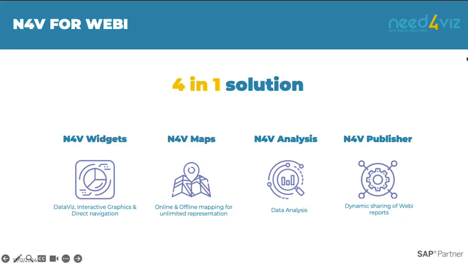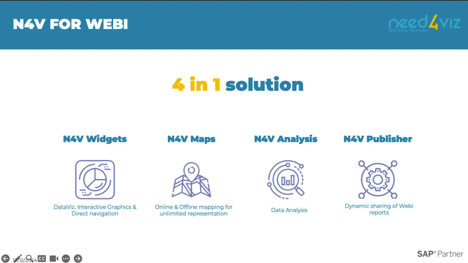So for those of you who are familiar with our solution, you've probably seen this before and know this information. But for those of you who are net new to who we are, these are our 4 pillars or the 4 modules of our solution. So we have the N4V widget. This is the integration of new data visualization components and navigation features enabling advanced dashboarding in Webby.